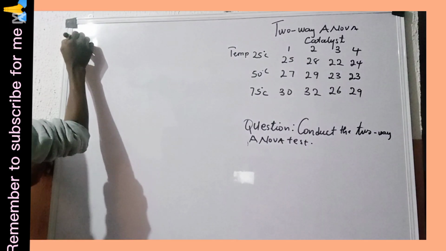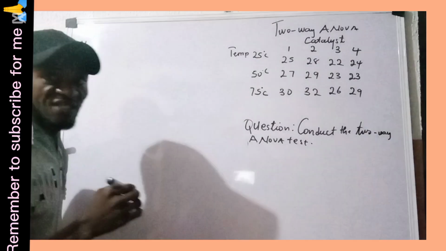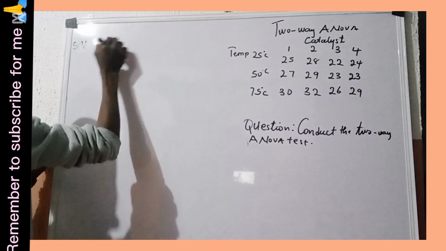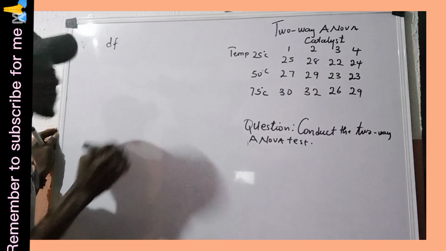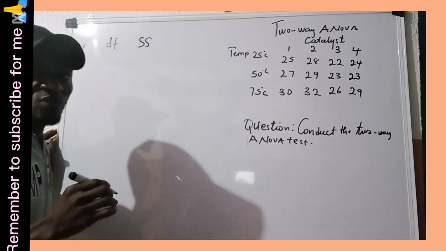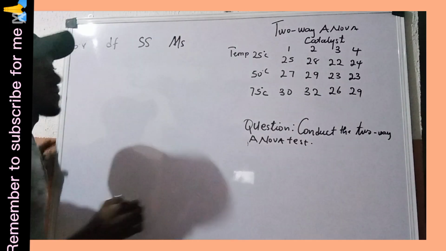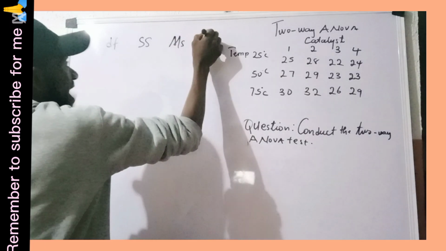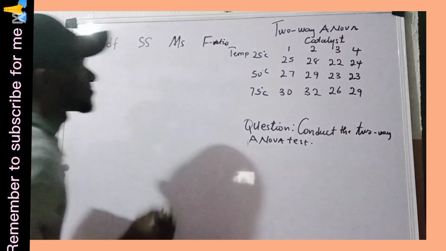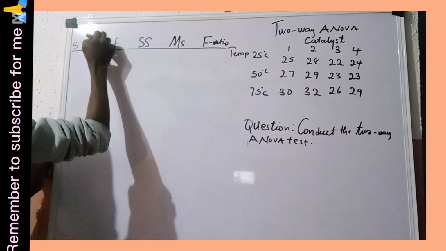So we have our S.V., source of variation, then DF, degrees of freedom, then SS, sum of squares, then MS, the mean square, and then F, the F ratio.